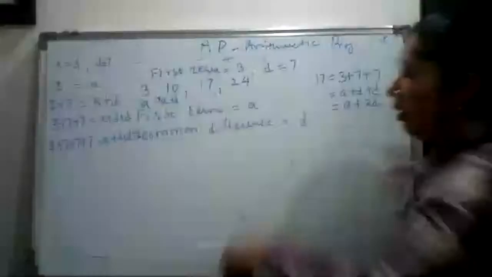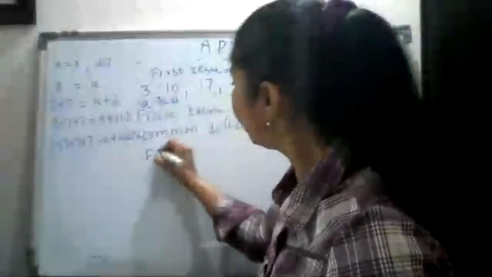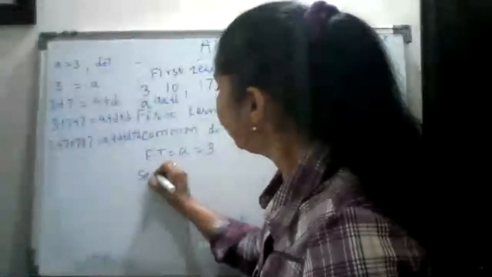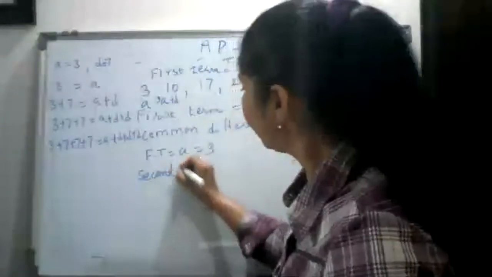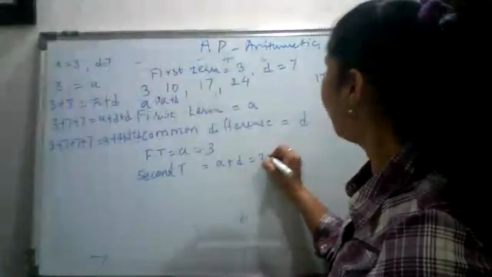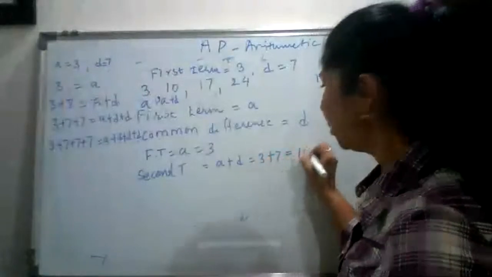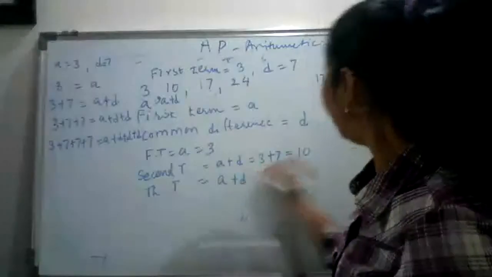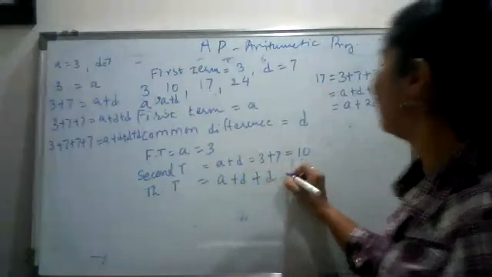If I say first term A is 3, second term is A plus D, यानी 3 plus 7 is equal to 10. Third term is equal to A plus 2D. 10 में हमने एक और बार 7 ऐड करेंगे.